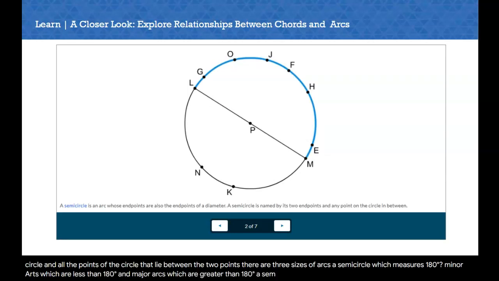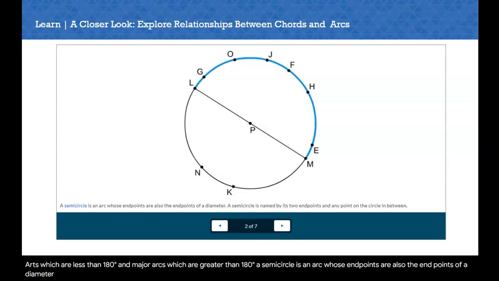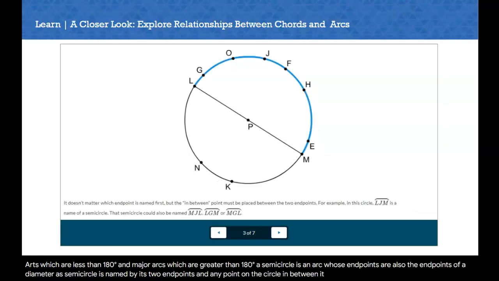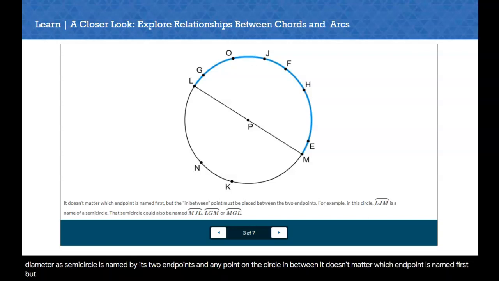A semicircle is an arc whose endpoints are also the endpoints of a diameter. A semicircle is named by its 2 endpoints and any point on the circle in between. It doesn't matter which endpoint is named first, but in-between points must be placed between the 2 points.